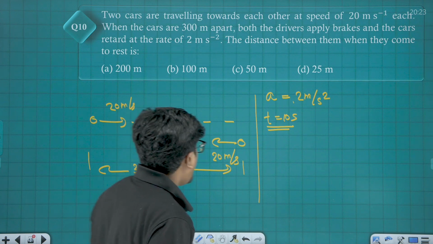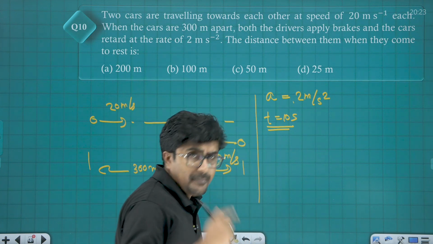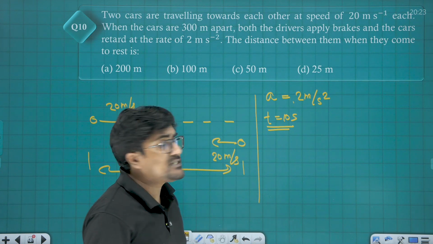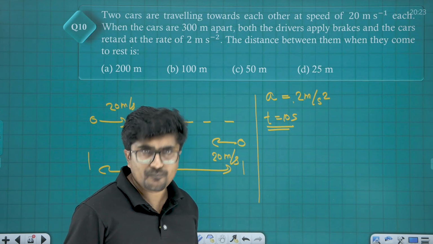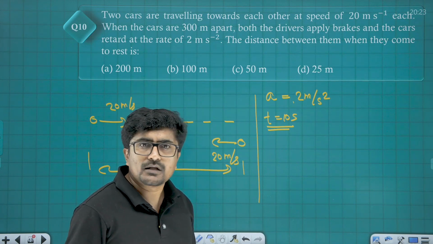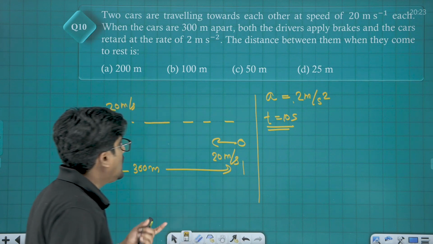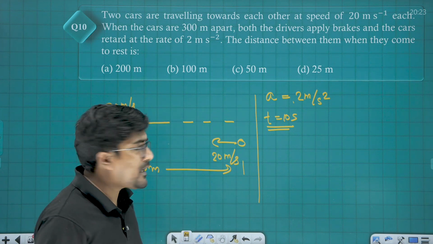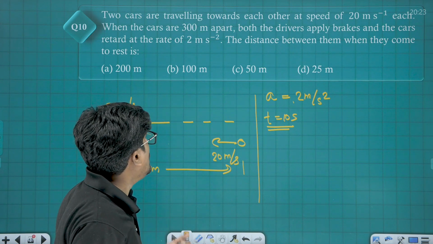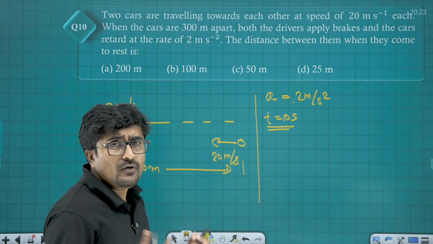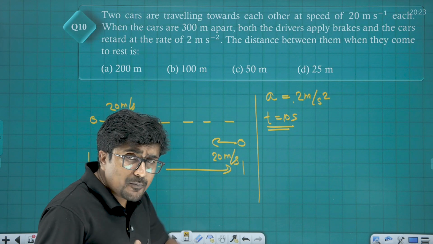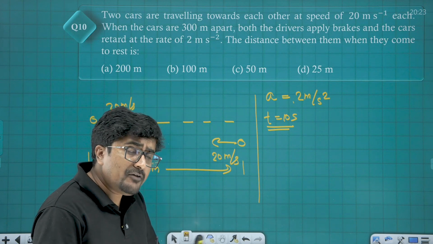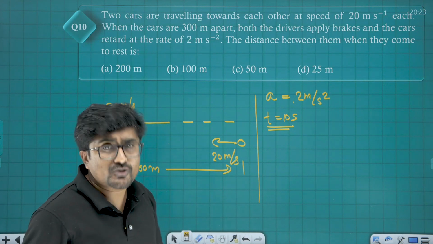Alright. Now if I look from car A towards car B, since both are having the same retardation, the relative retardation is going to be 0, isn't it? Because both are having the same retardation. That means for me, this is going to feel as if car A, observed from car B, is in uniform motion only.